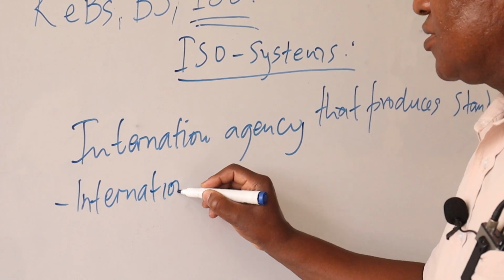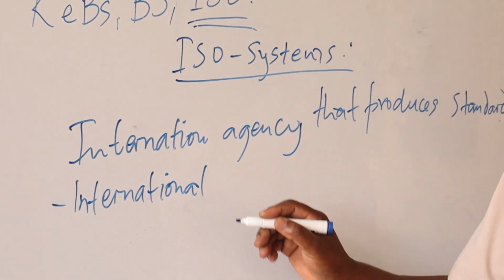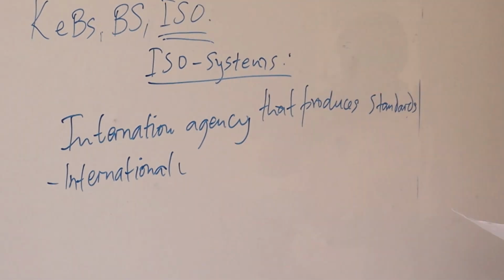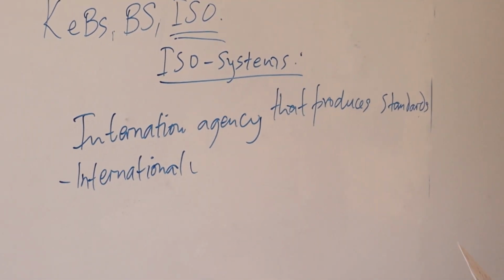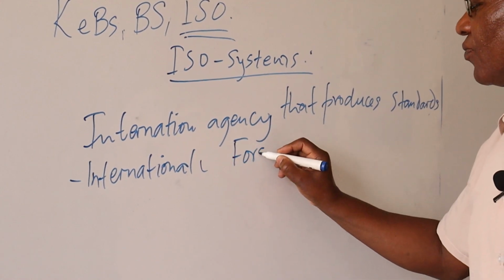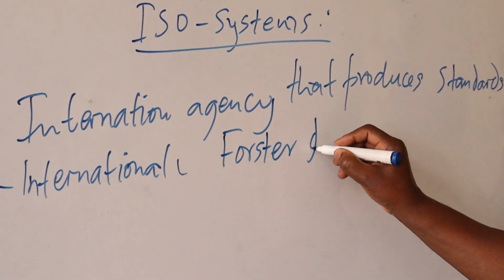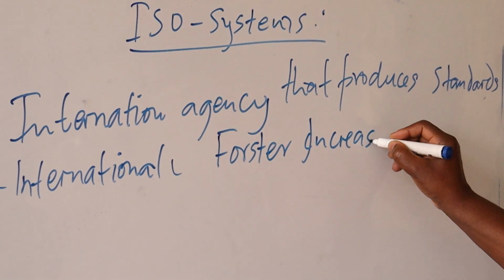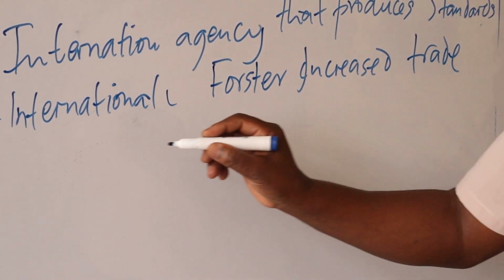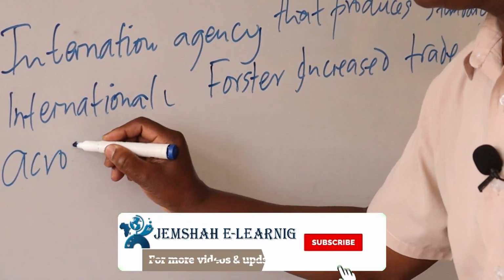I think most countries in the world are part of the ISO, they have adopted the ISO standards, and the idea of this ISO is to foster increased trade across countries.